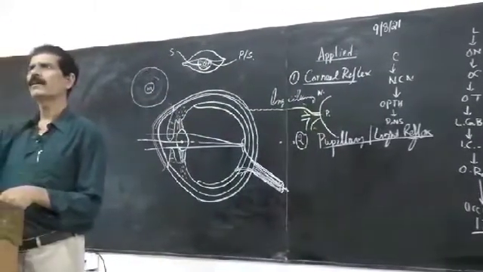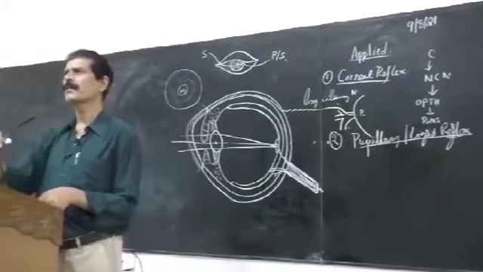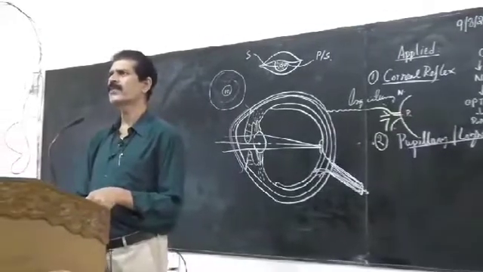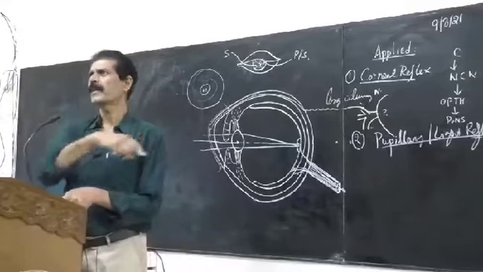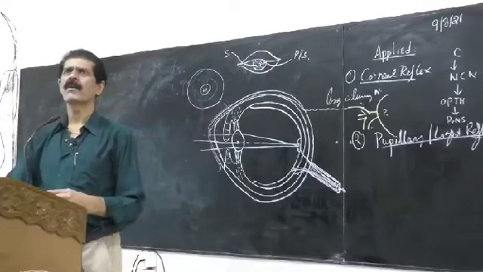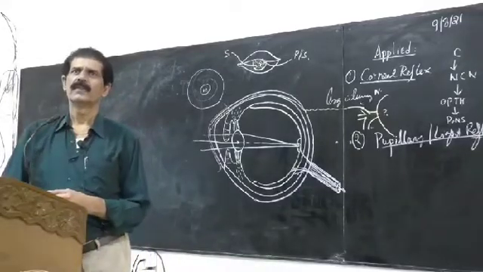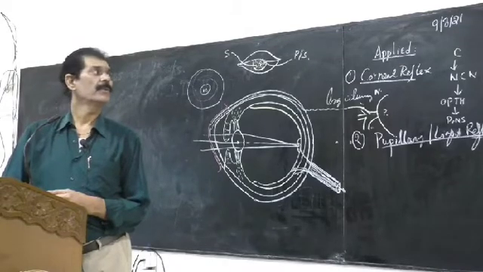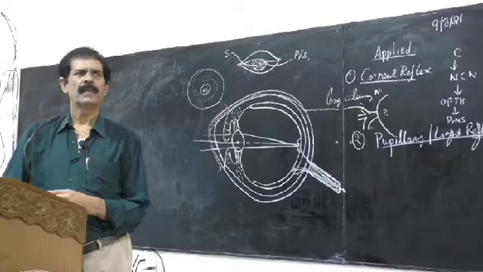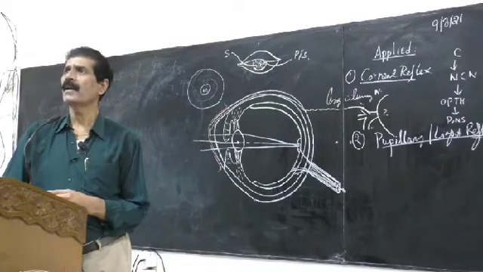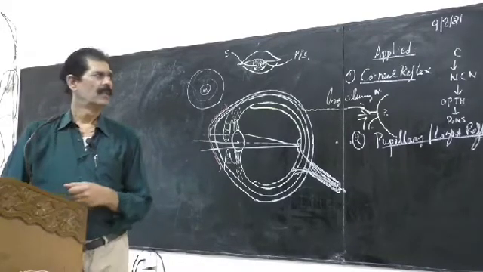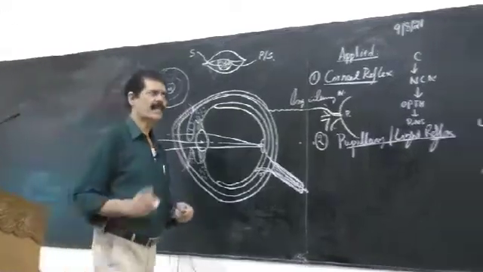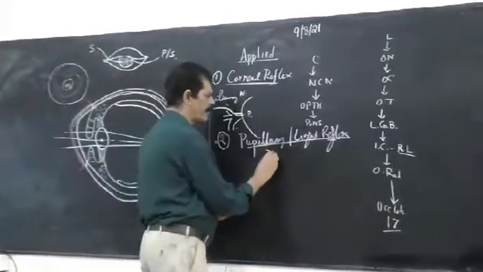So when you are in the examination and a question is asked about the applied aspect, if you do not have sufficient time, you can make this diagram. At least you get 1.5 marks. Otherwise, you have to write an essay. So try to draw these, which are called line diagrams. This is the pupillary reflex, and the pupillary reflex is of two types.